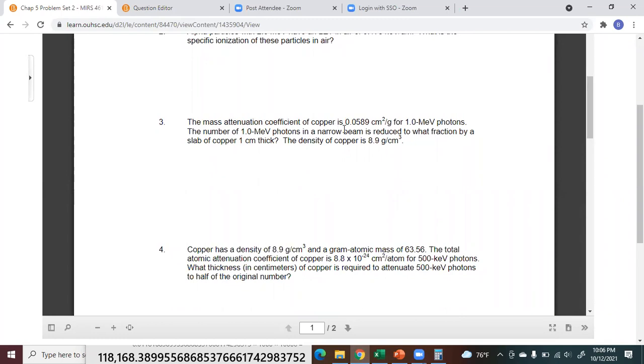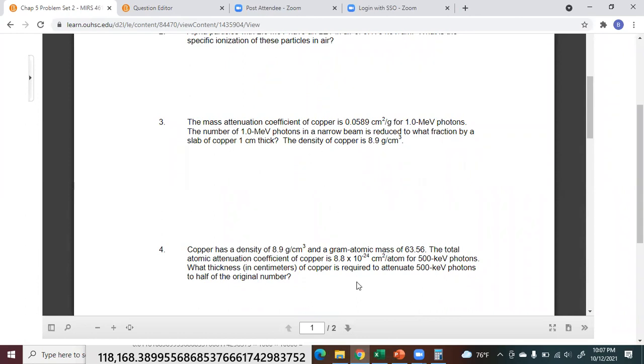The mass attenuation coefficient of copper is 0.0589 squared centimeters per gram for 1.0 MeV photons. The number of 1.0 MeV photons in a narrow beam is reduced to what fraction by a slab of copper that is 1 cm thick, and it goes ahead and gives you the density of copper.